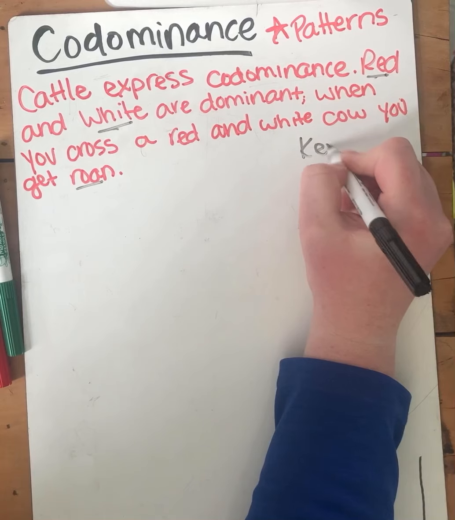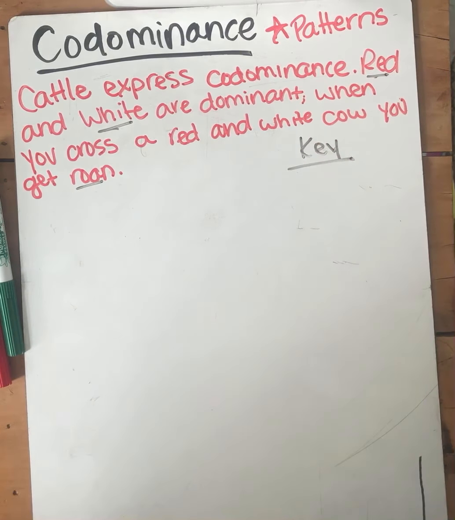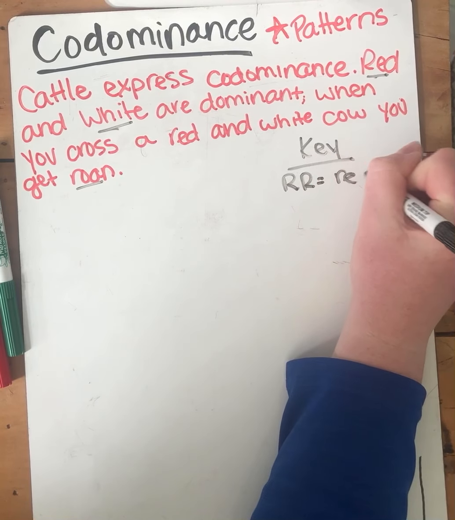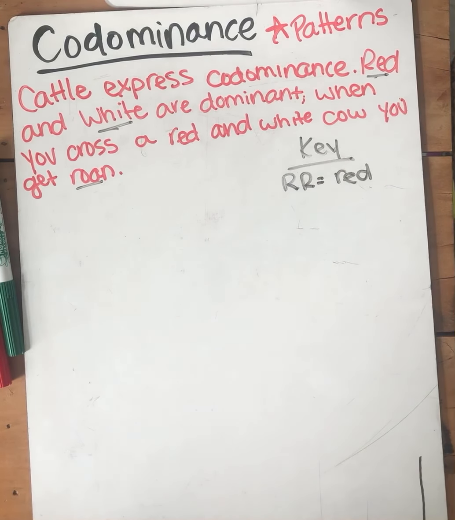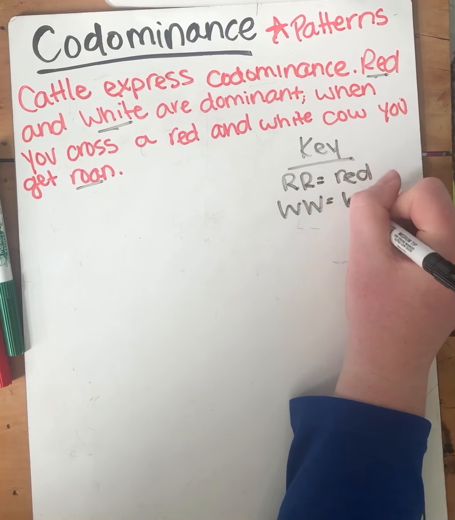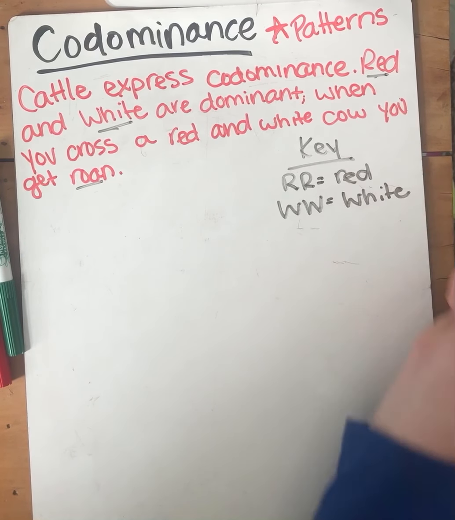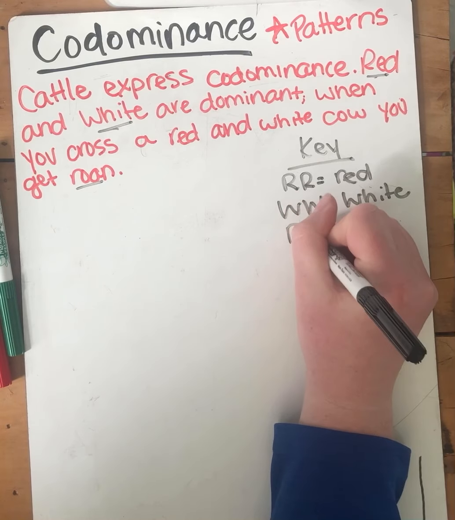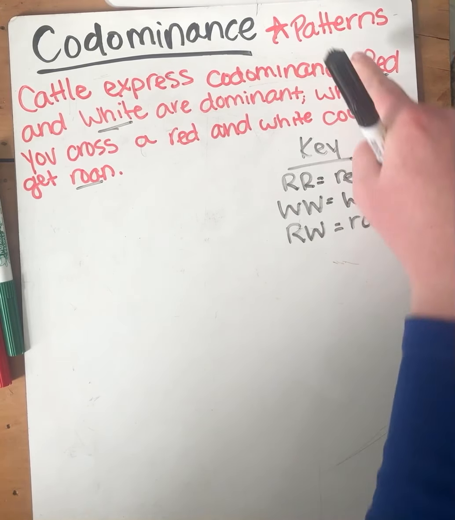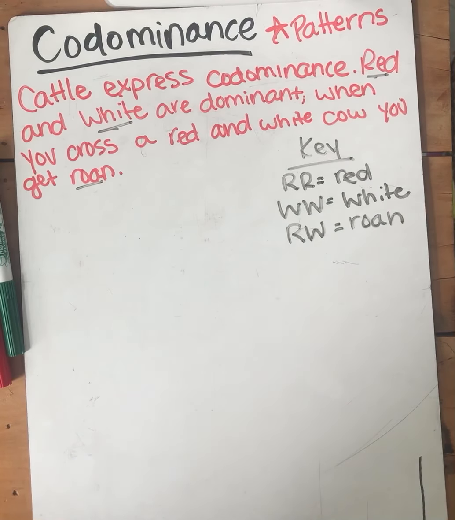So we can go ahead and make us a key. Red is dominant, so we're going to put red as two capital R's. White is the other dominant allele, so WW means white. And if you cross the two, you get RW, which is going to be that roan, that pattern of spots.